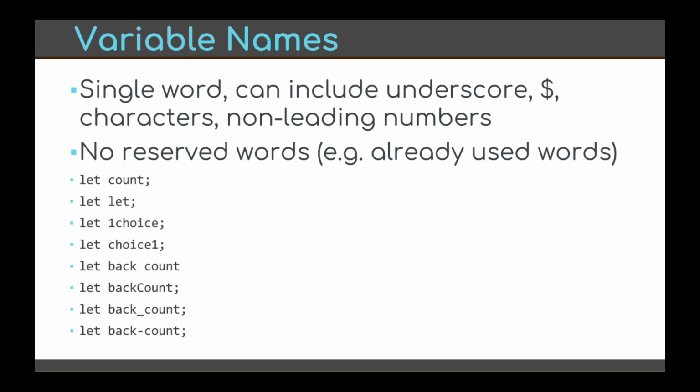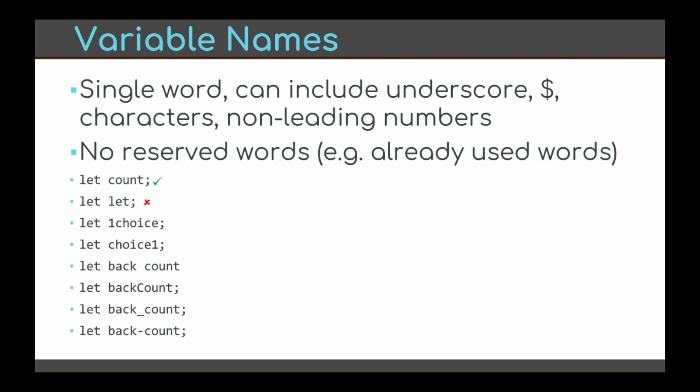Let count. Do you think that is a variable name given our rules? Is count a variable name? Is it valid? Yes, it is! Okay. What about let? Is let a variable name? No, because that's a keyword. What about one choice?